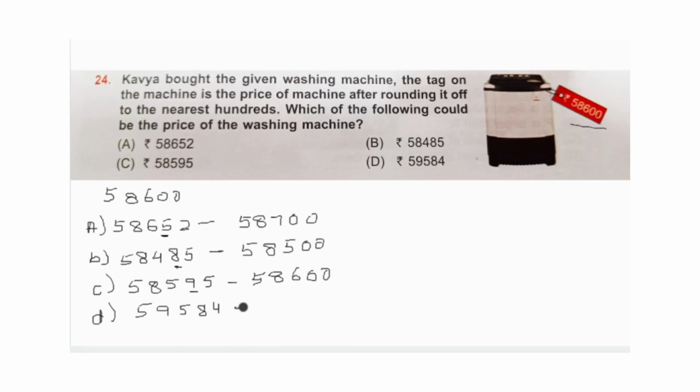Let's round this to the nearest 100. We are going to look at the face value of the number at the tens place, which is greater than 5. So let's round this off, and it's going to be 59,600. Now, among these options, 58,600 is what we need to get, which is option C, which is your correct answer.